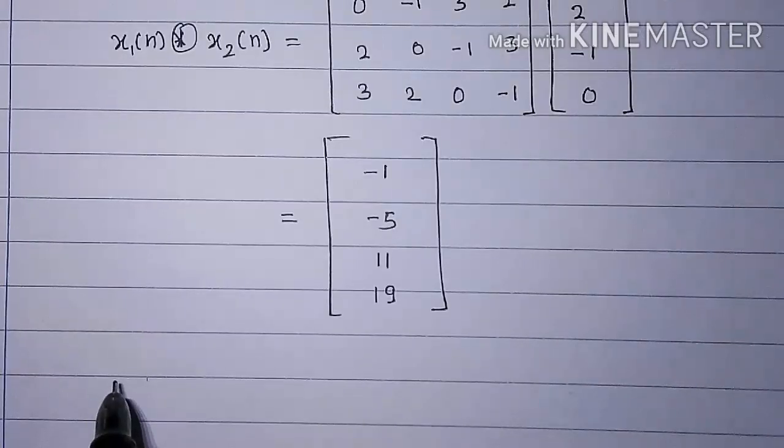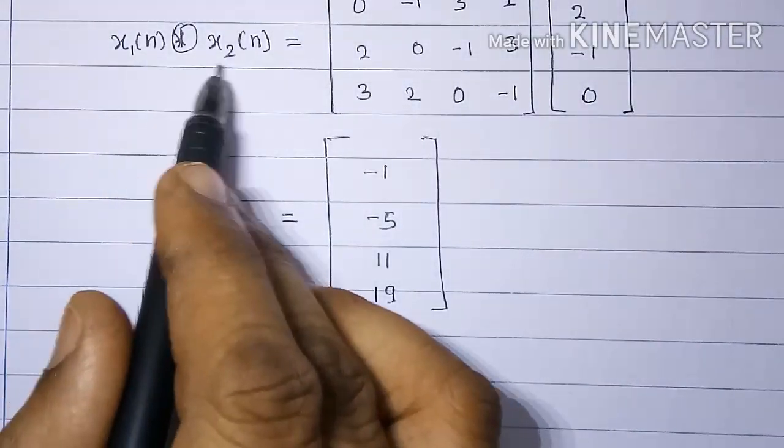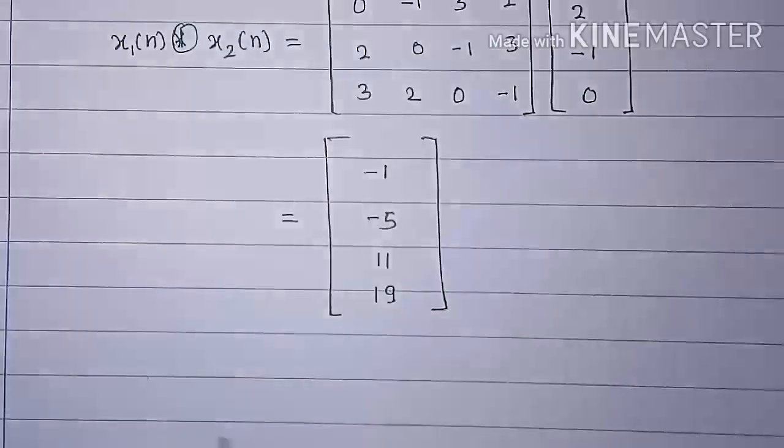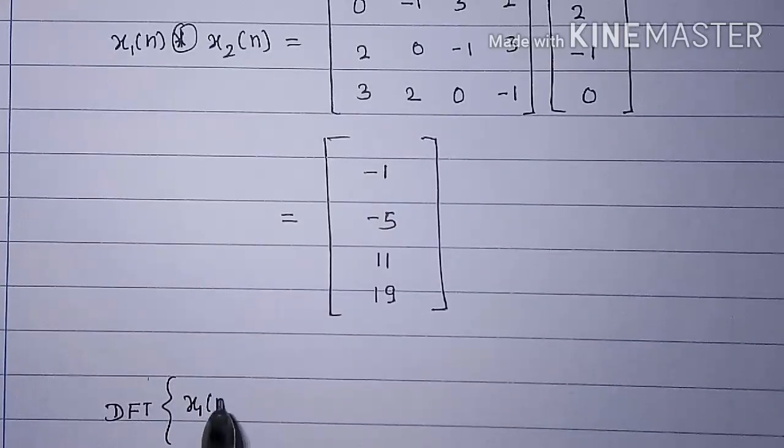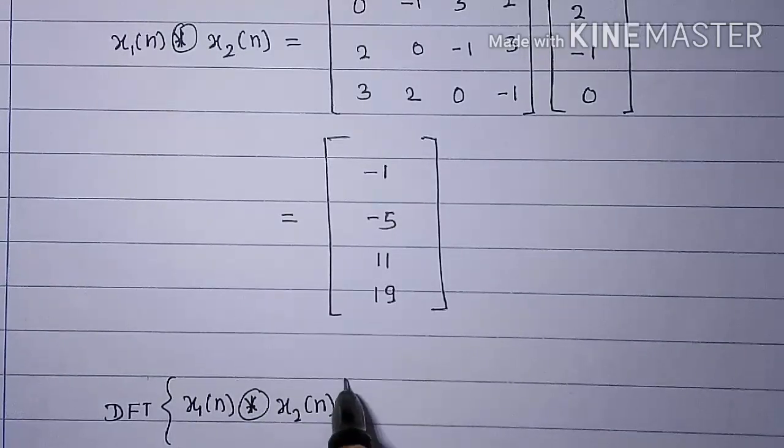Next we will compute DFT of x1 of n circularly convolved with x2 of n. So here you write DFT of x1 of n circularly convolved with x2 of n.